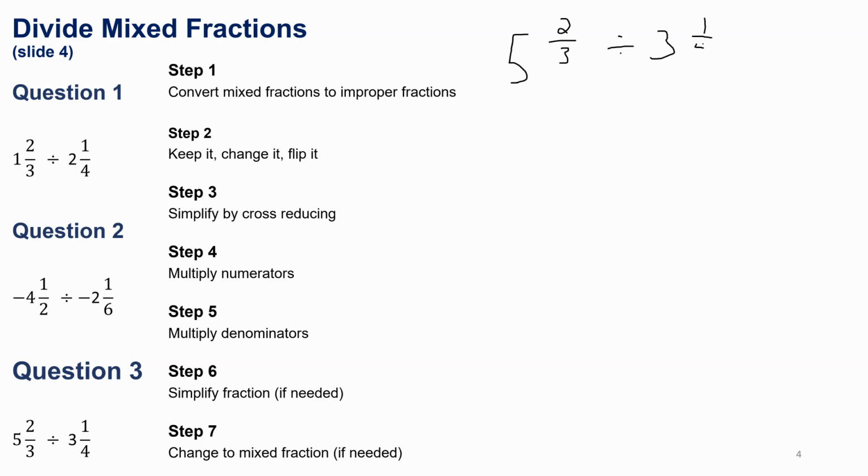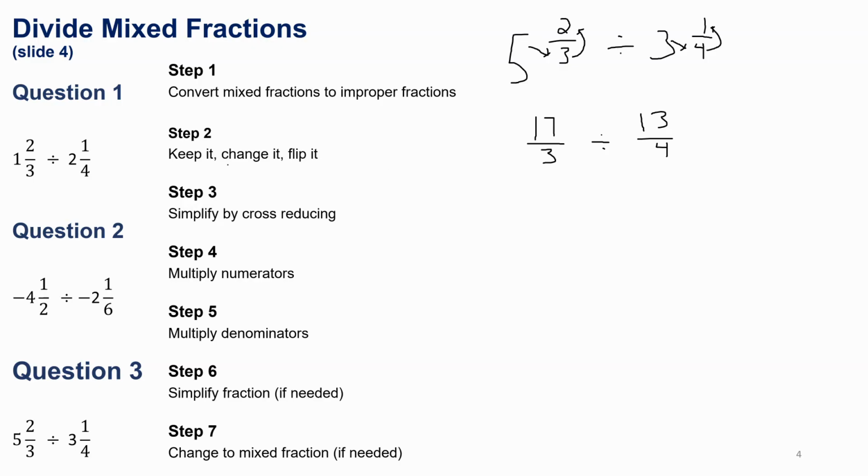So we are going to multiply 5 times 3, which is 15, and add that to 2, which is 17. So our first fraction changes to 17 over 3, division sign, and then we have 3 times 4, which is 12, plus 1, which is 13. So we have 13 over 4 here.